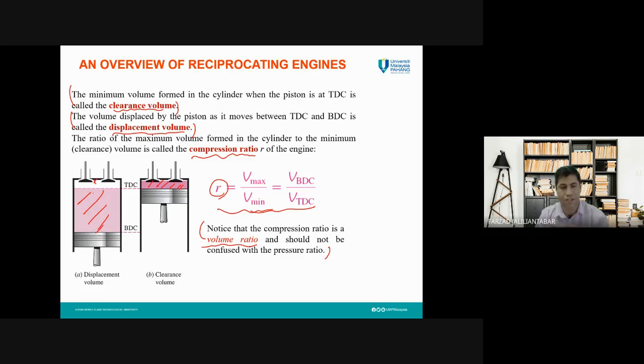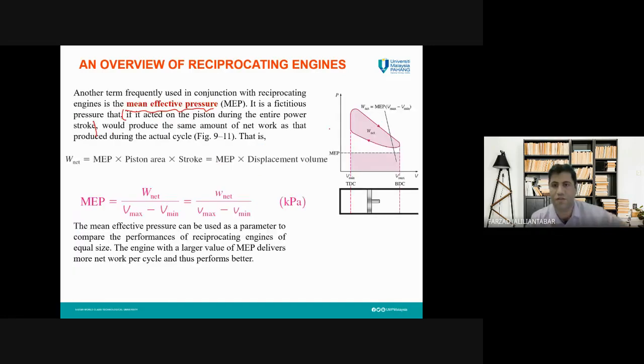But the pressure on the surface of the piston is not constant. You can see here the piston is moving, and this is the PV diagram for our system, which is the gas inside the piston-cylinder device.